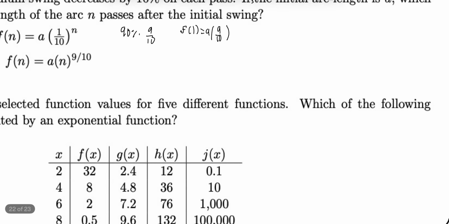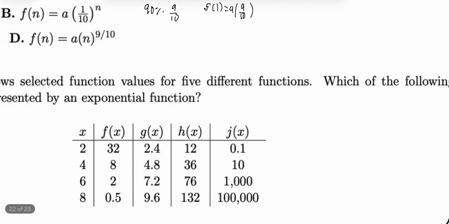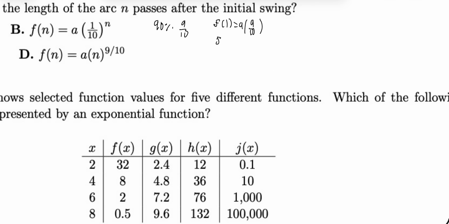Then the arc length after 2 passes after the initial swing will be f of 2 equals f of 1 times 9 over 10. That's the same thing as A times 9 over 10 times 9 over 10, which we can rewrite as A times 9 over 10 squared.